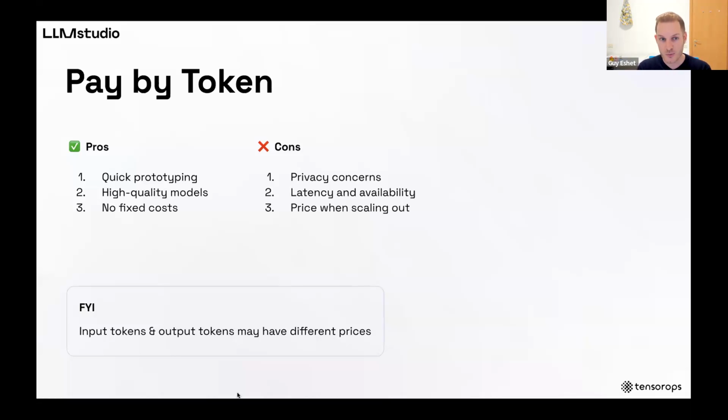And three, and I think this is one of the reasons for this webinar, is what happens when you scale. Scaling can mean going from 1 user to 2, or from 2 users to 2,000 and more. How does the price look when you grow? One very important thing to note, as I said before, is that you pay for input tokens and output tokens.